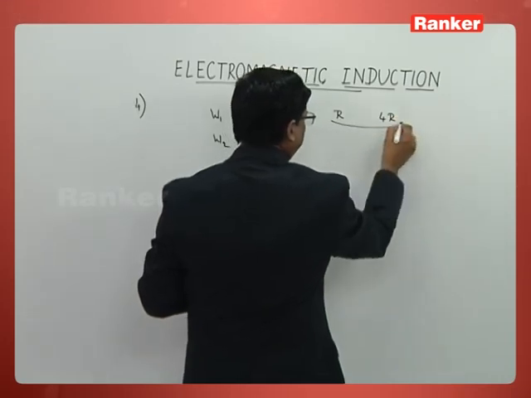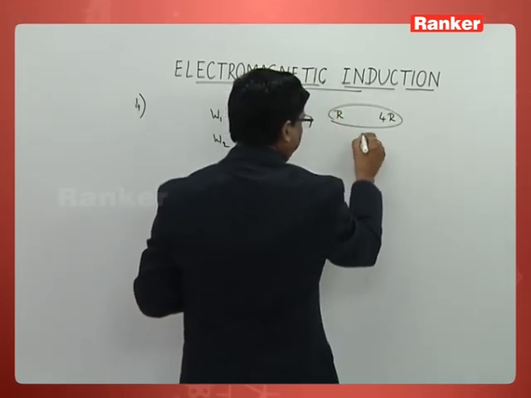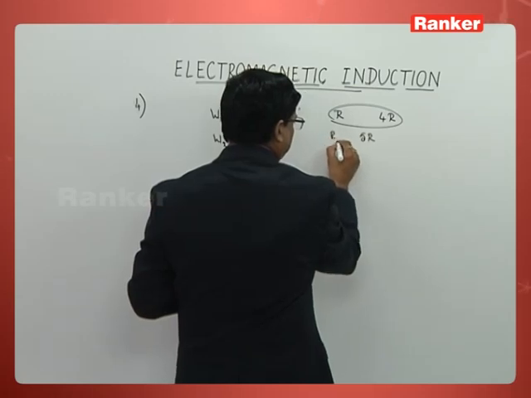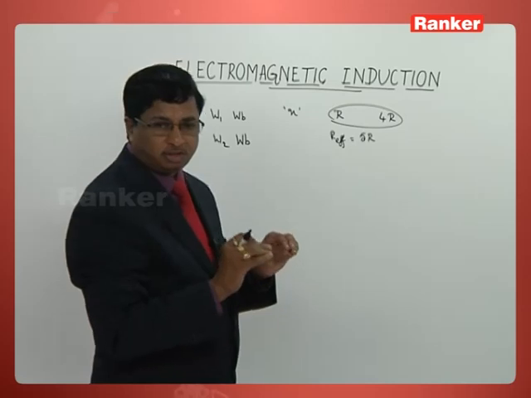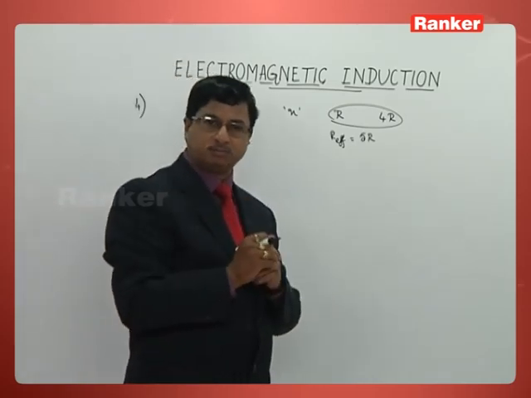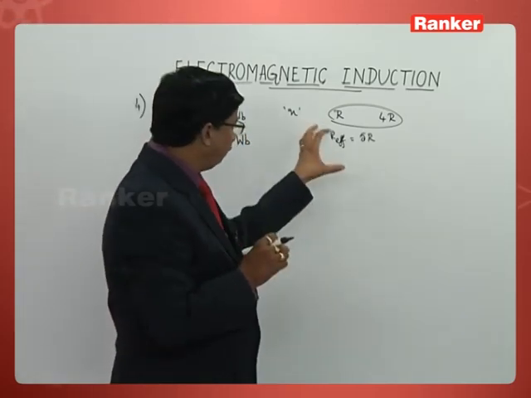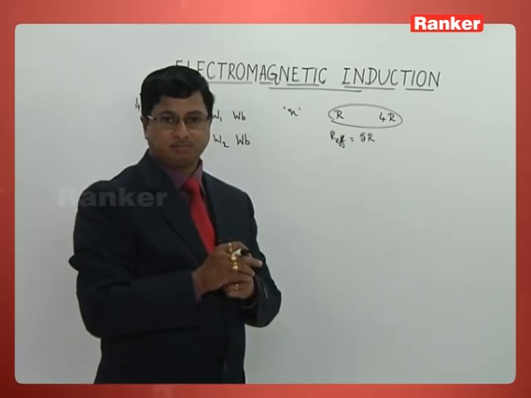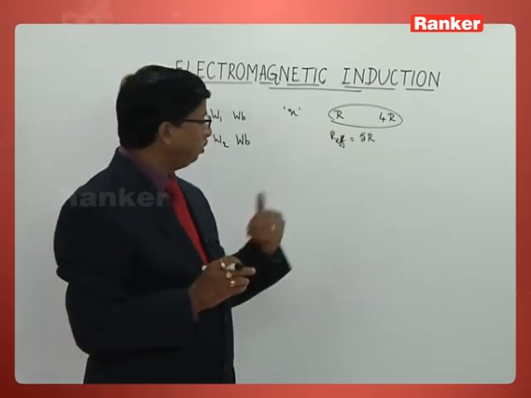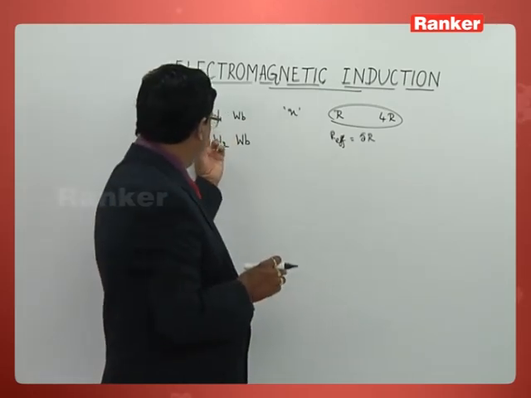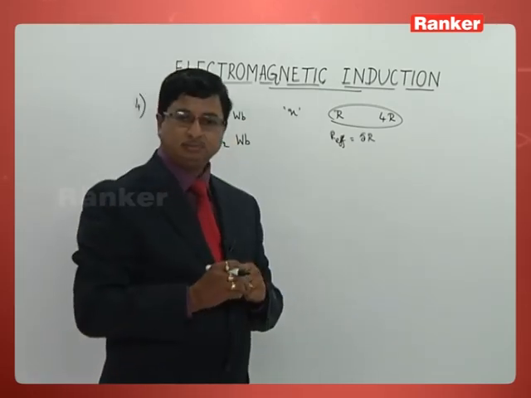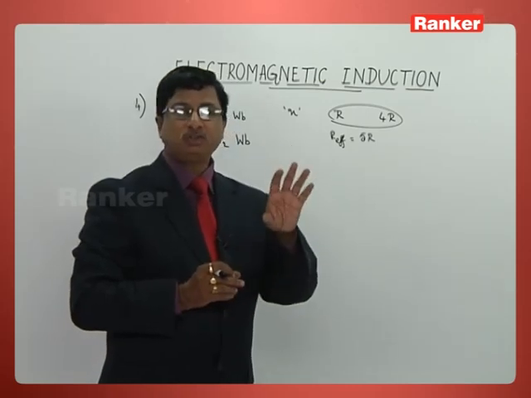So automatically, when both are in series, 5R will be the effective resistance. So the first thing you should understand is that the effective resistance is 5R. In addition, in t seconds it has been moved from this field to this field. Then what is the induced current?